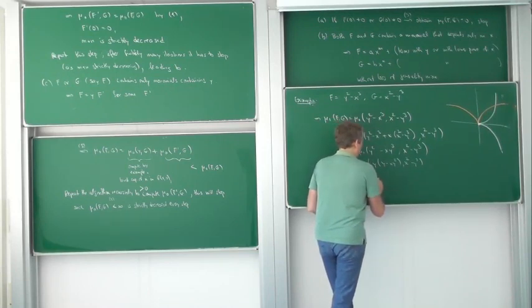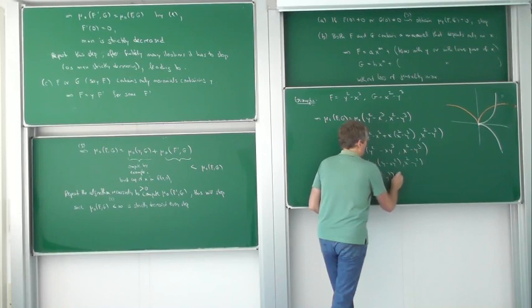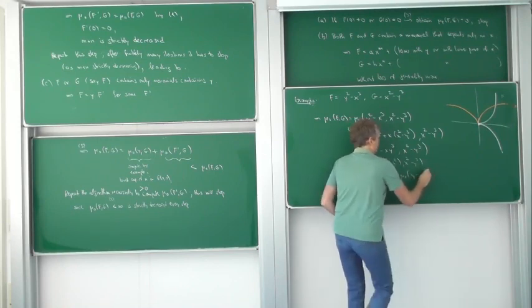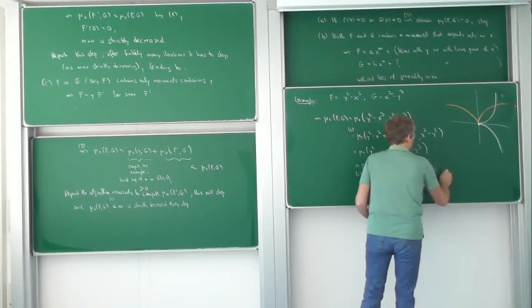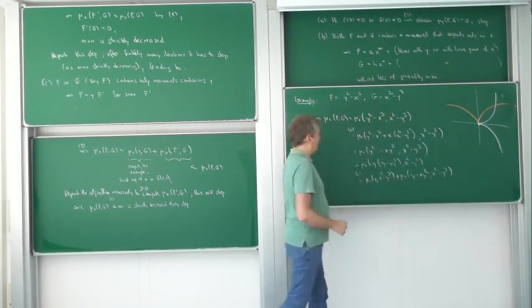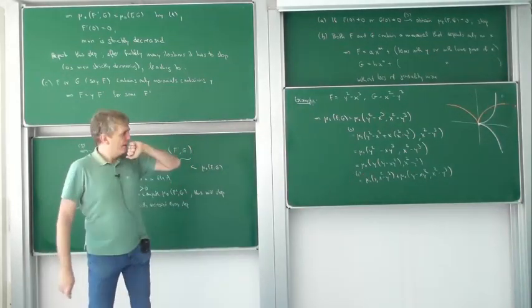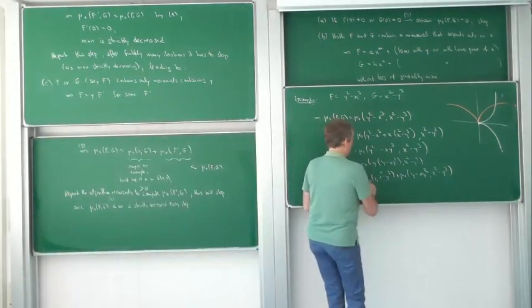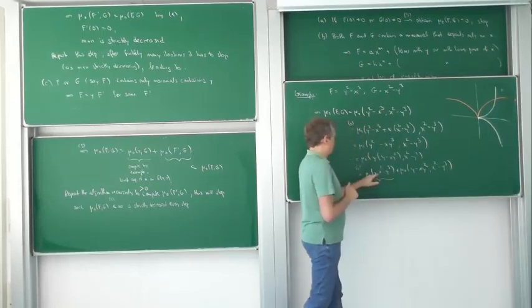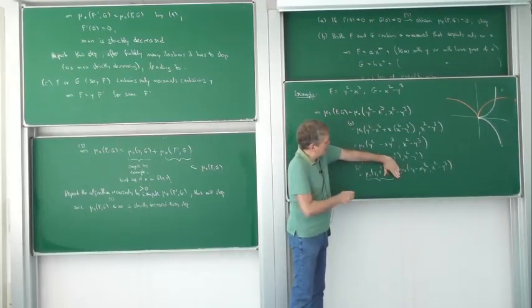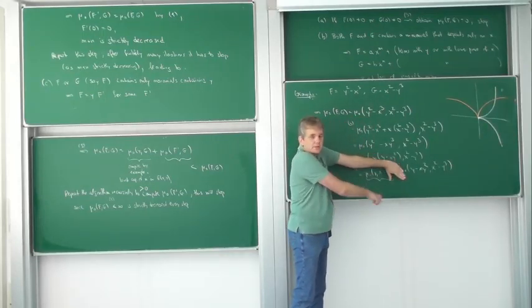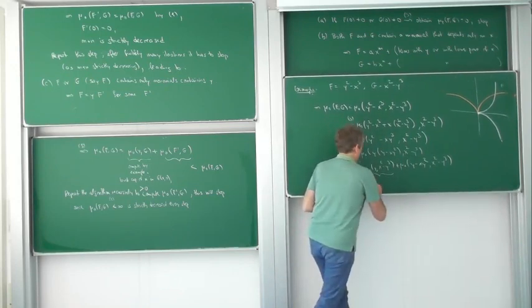So we'll get mu 0 of y comma x squared minus y cubed plus mu 0 of y minus xy squared comma x squared minus y cubed. And that's the case of the example. So one of them is y. That means this multiplicity here, by our example, is: set y equals 0 here and see what the lowest power of x is. That's 2. So this is 2 by example.